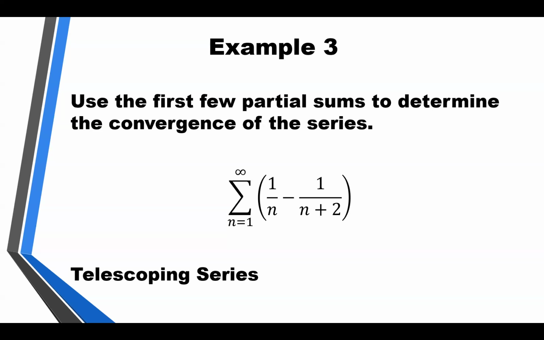Now, before we develop lots of other shortcut rules, we're going to have to see some examples. What I'm going to do is give a few examples that are types of series, and we'll develop some shortcut rules for some of these different types of series.